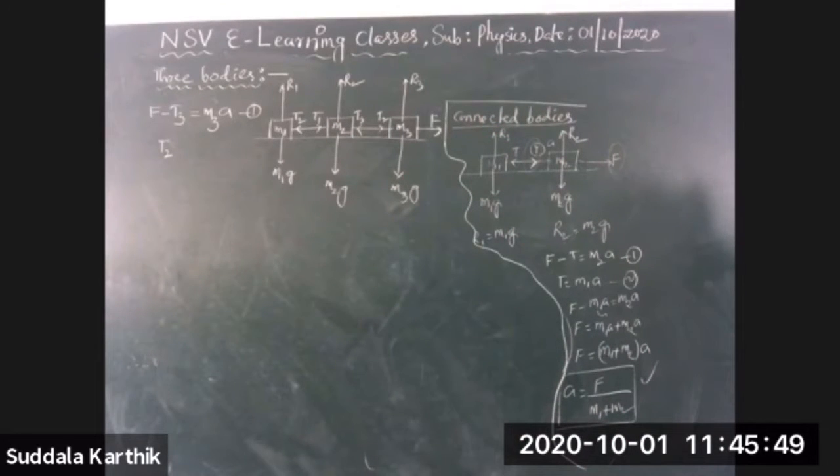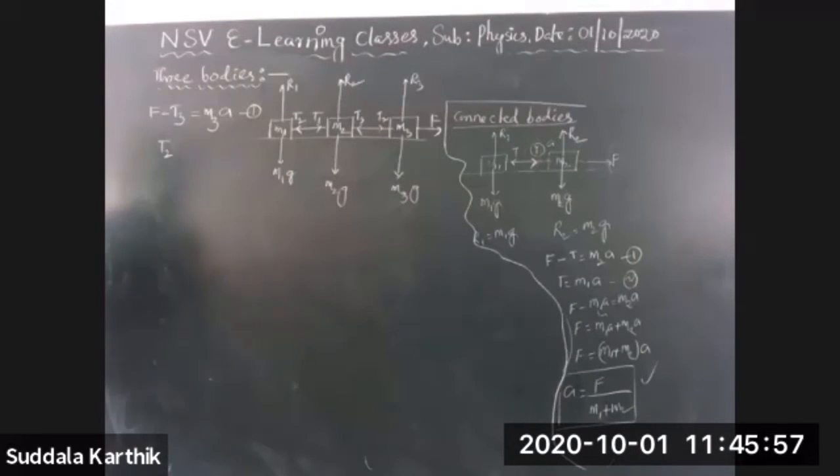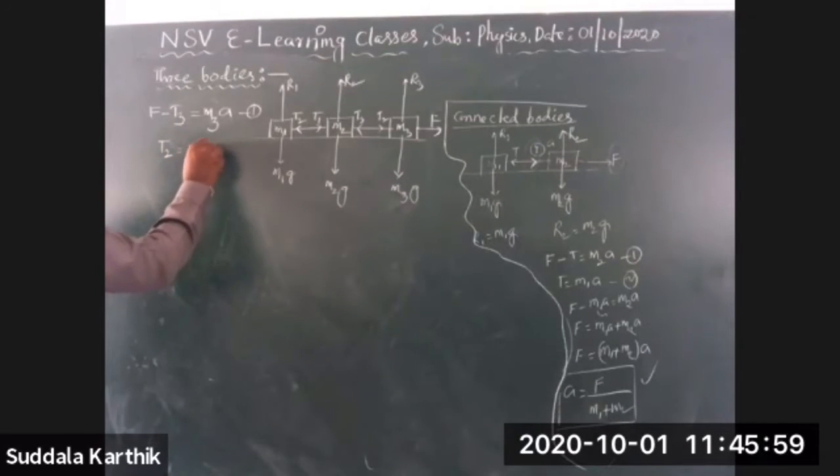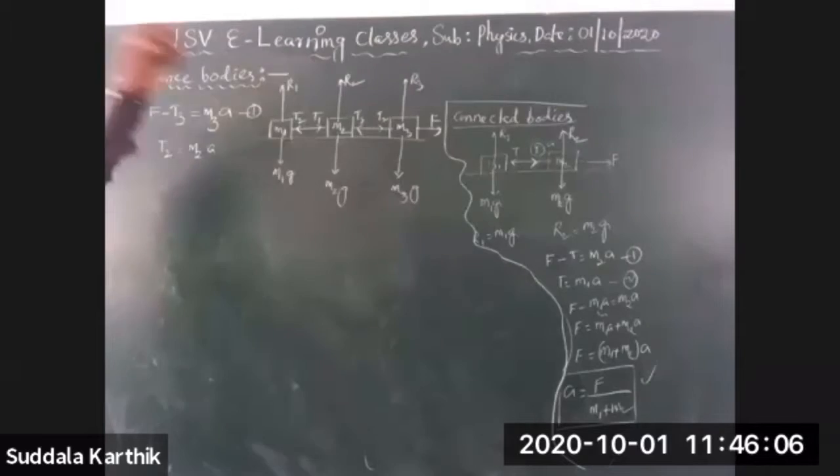T2 equals M2A. Why? Tell me. It is the correct answer. Why? T2 is acting on M2, and these two cancel each other.